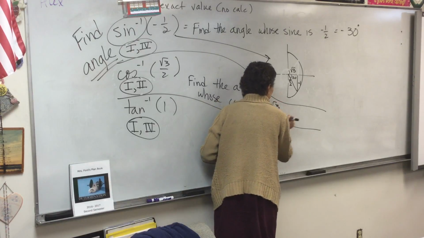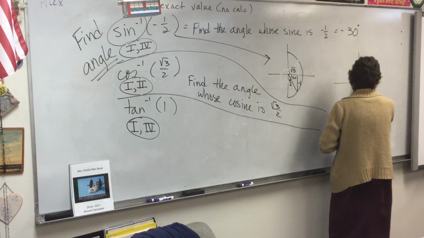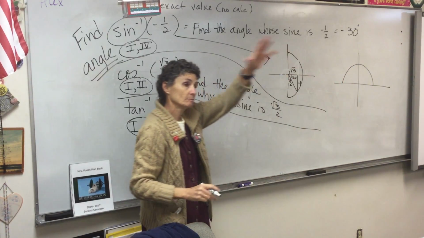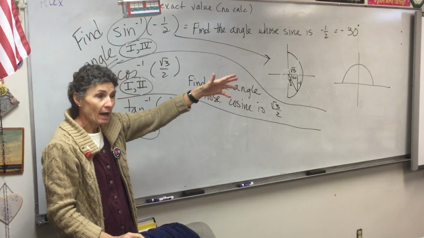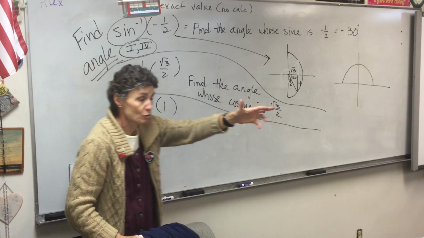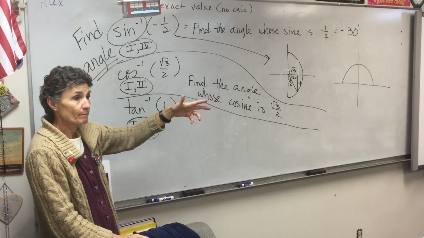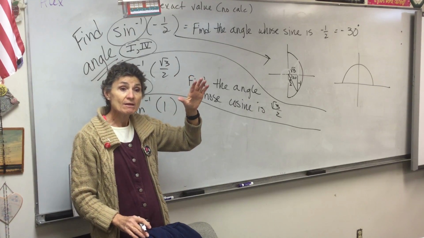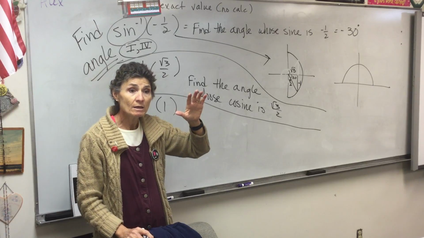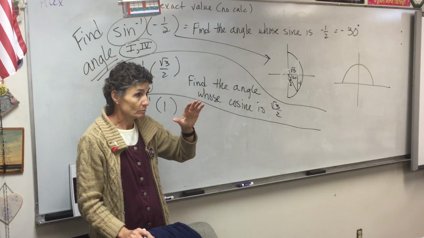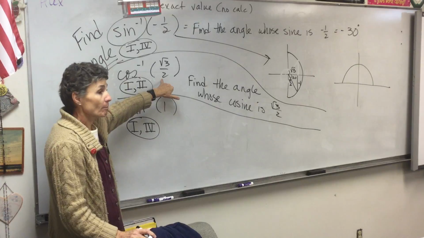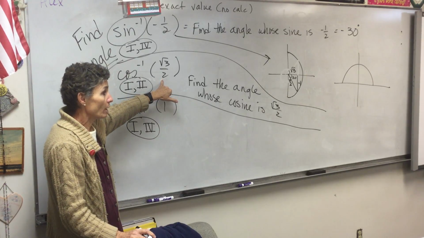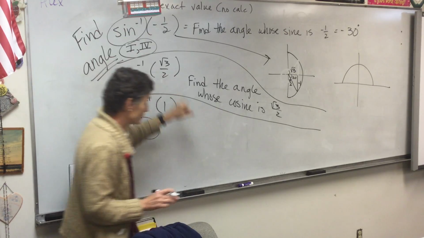So we have established that cosine is a top half function, quadrants 1 and 2. I guess we didn't establish that, I just told you, those are the rules, top half, cosine. So you're going to draw a triangle either in quadrant 1 or quadrant 2. This number is positive. Shall you draw it in quadrant 1 or quadrant 2? 1.